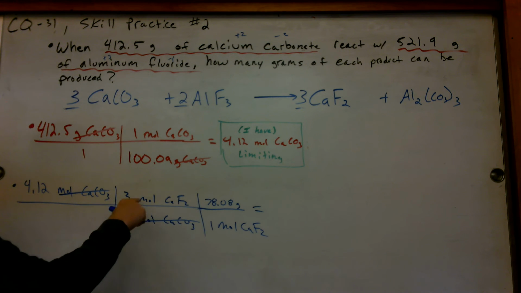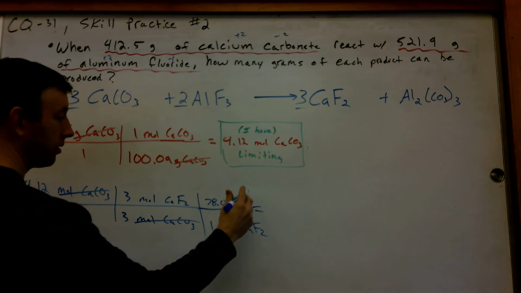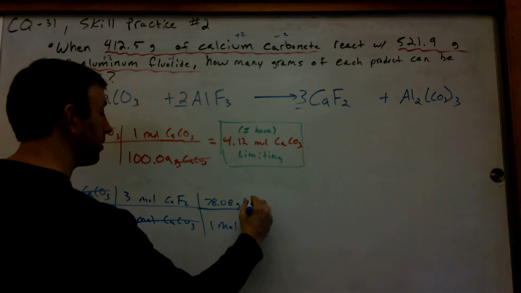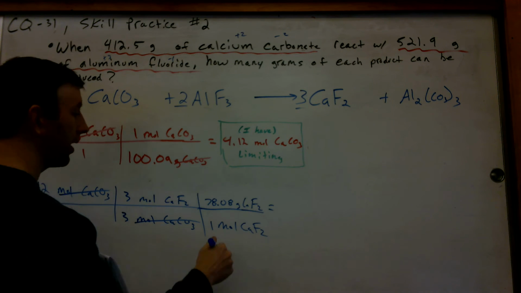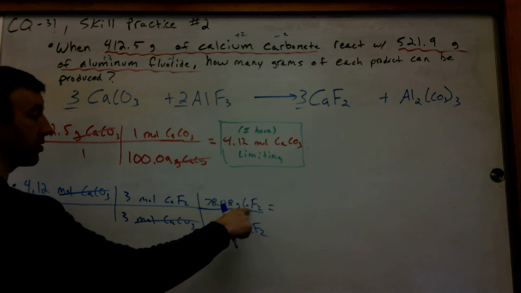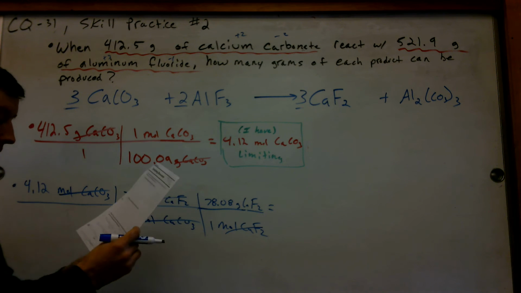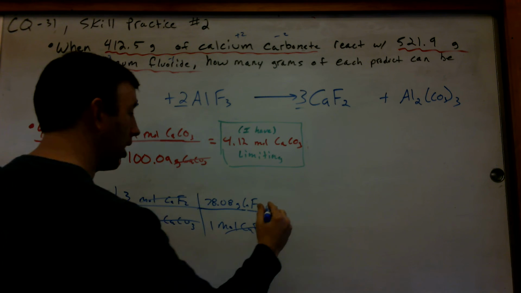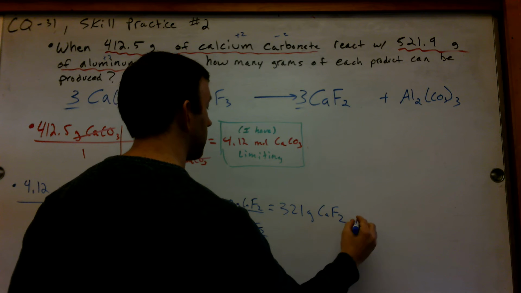So to go from moles of calcium fluoride to grams of calcium fluoride, I just multiply by the molar mass, 1 calcium plus 2 fluorine. When I do that problem, I get about 321 grams of calcium fluoride.